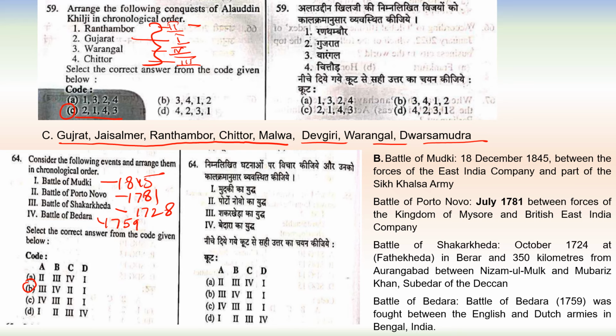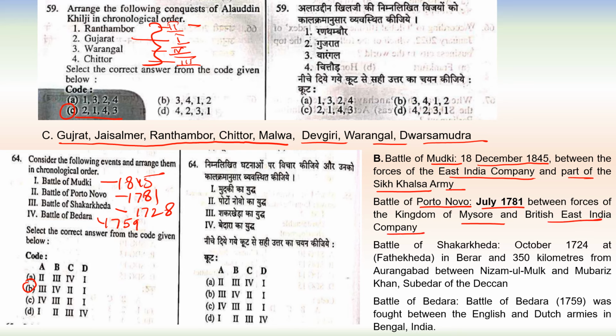Battle of Mudki, 18 December 1845, between the forces of East India Company and part of the Sikh Khalsa Army. Battle of Porto Novo in July 1781, between forces of the Kingdom of Mysore and British East India Company.